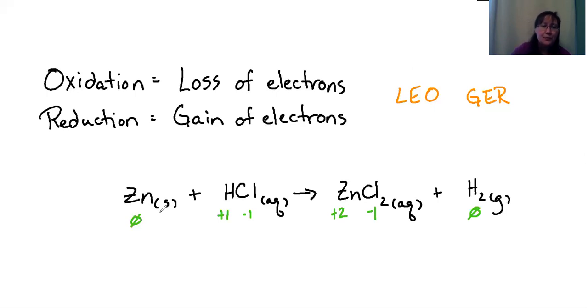So here we have the zinc, and that is going from 0 to +2. You can see that you cannot do these correctly without having those oxidation states correct, so really spend time looking at those. If we went from 0 to +2, we lost 2 electrons.